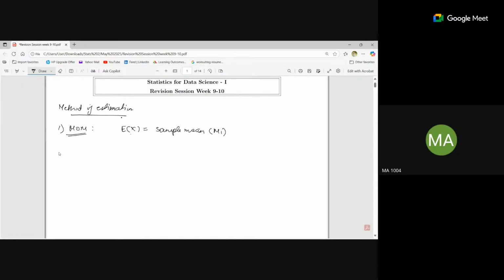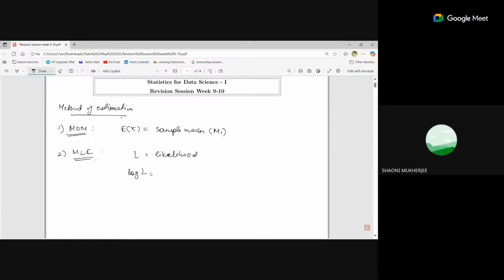Then secondly, we have the MLE, maximum likelihood estimation. In maximum likelihood estimation, first of all, we find the likelihood function. Then we find the log of the likelihood, taking log on both sides.